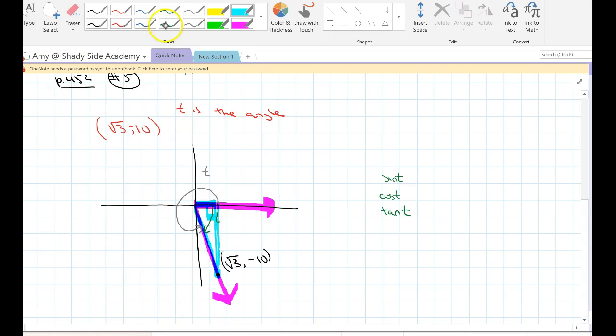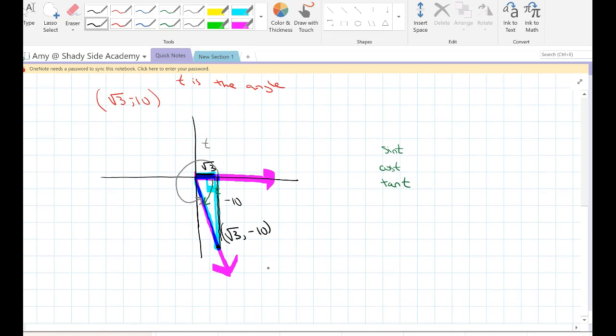Now we know some side lengths here. This side length is radical 3, and this side length here is negative 10. How do we find the hypotenuse? A squared plus b squared equals c squared. I'll call it h.